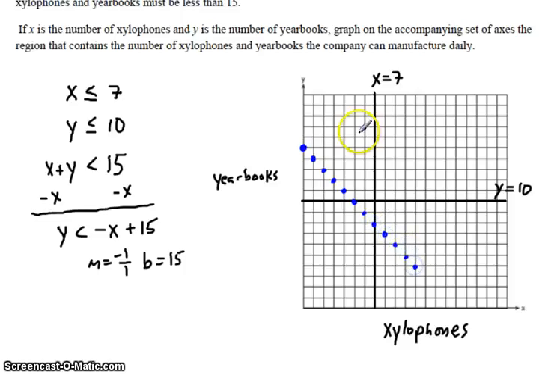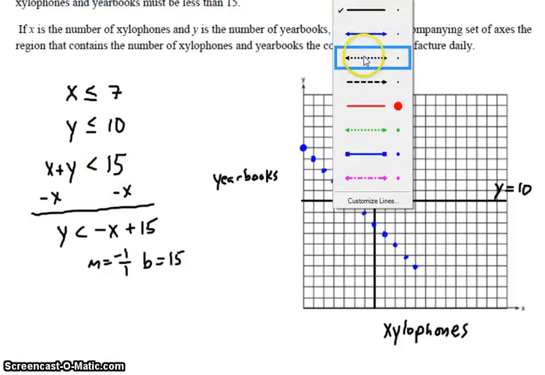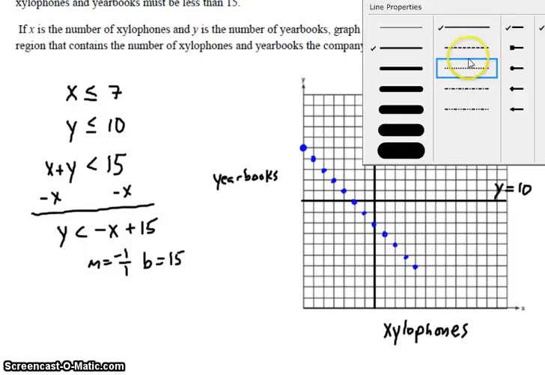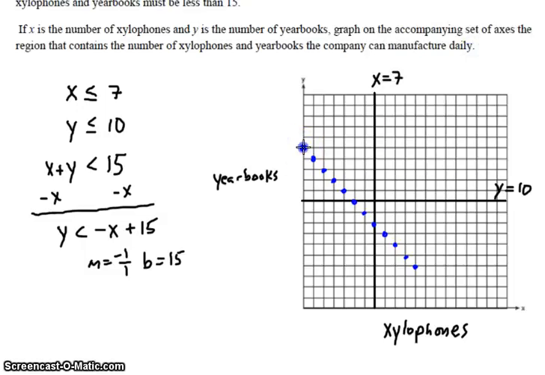And this is a dashed line. Draw my line like this. Notice I'm not doing arrowheads here because we're really dealing only in the first quadrant, so it wouldn't really go on forever. I'm going to label this Y equals negative x plus 15.